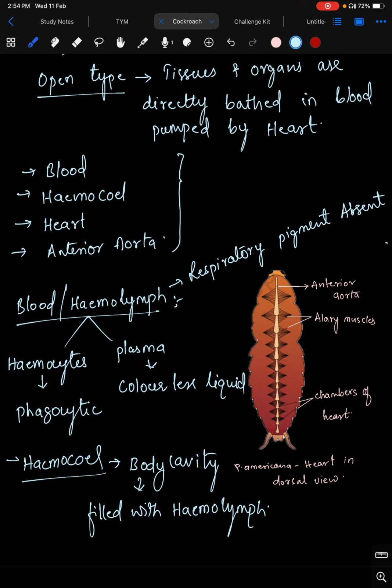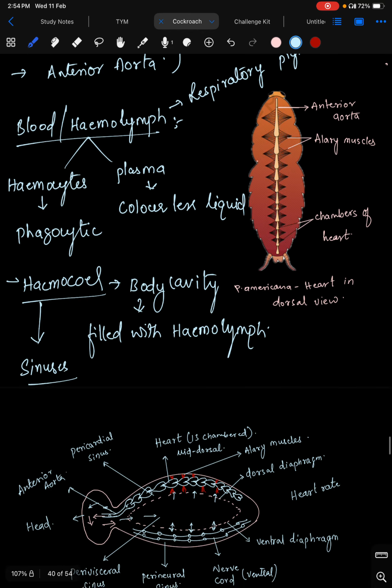Whatever the body cavity of the cockroach is, that is known as the hemocoel. This body cavity is filled with the hemolymph or blood of the cockroach. This hemocoel is further divided into sinuses. What are these sinuses? We will see later.